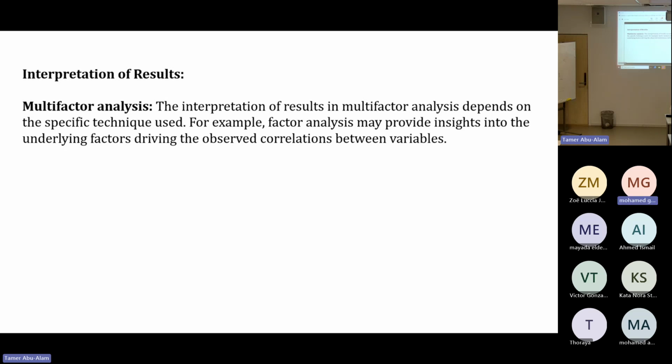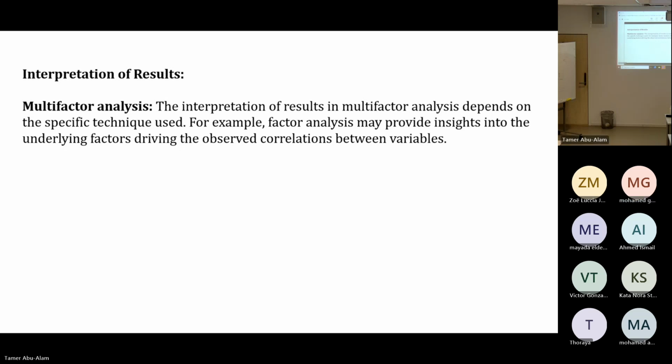And when we did it, it gave us clusters. So actually the different analyses in the multi-factor give you different types of data. And if you understand now what we are doing, now we are going to the data interpretation. We try to interpret the data. We try to see how these factors interact with each other.